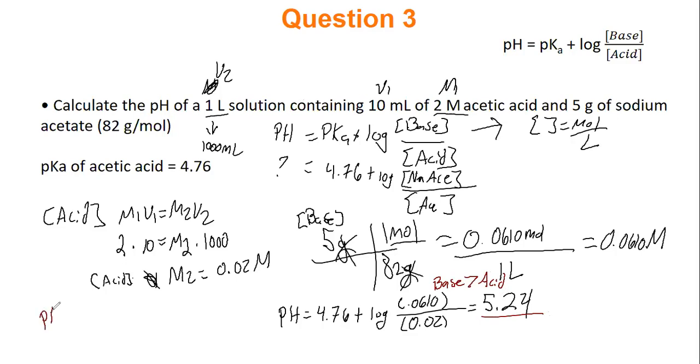Remember, pKa is the pH when concentration of base equals concentration of acid. That's one of the things pKa means. So if you have more base than acid, when you use Henderson-Hasselbalch, your pH should be greater than your pKa.